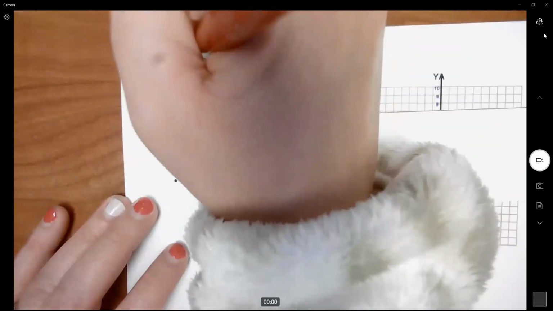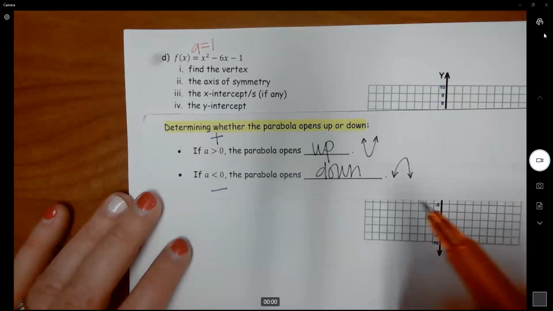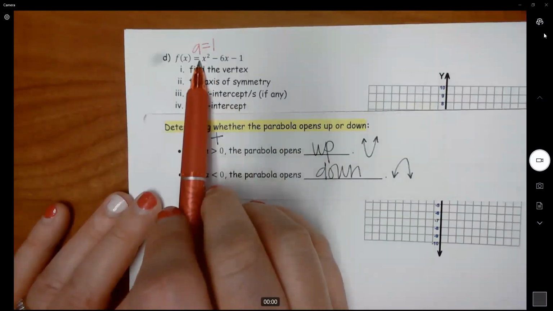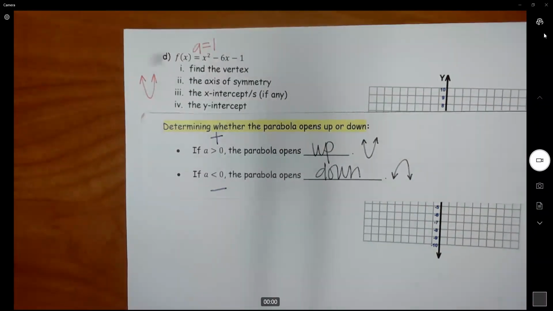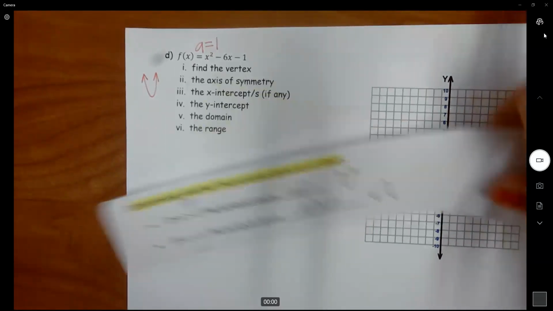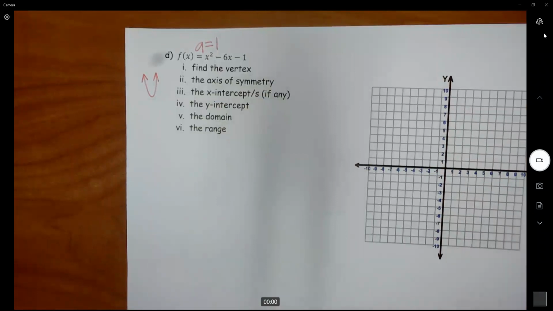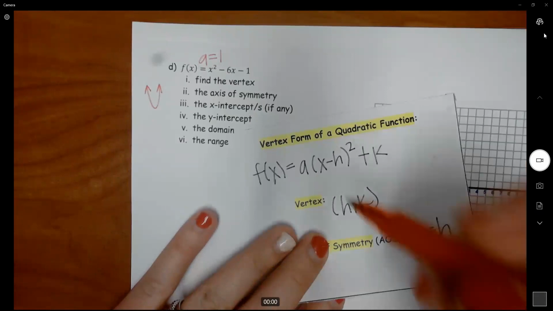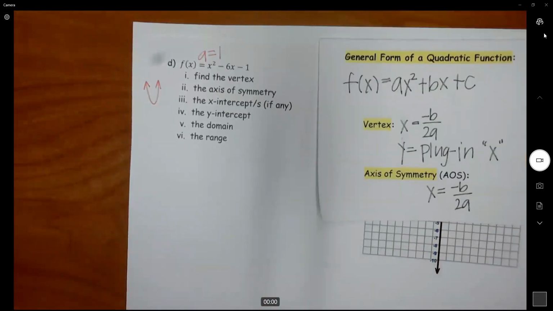Hopefully you see that a is again 1, and because this is positive, that means that this graph is going to open up again. Okay, I know that this is in standard form because vertex form would have some parentheses. So we are in standard form again.